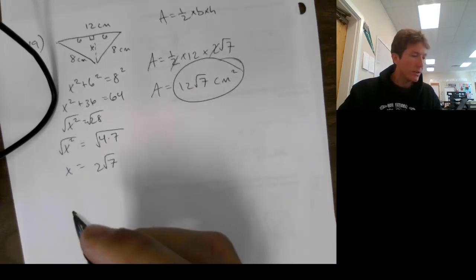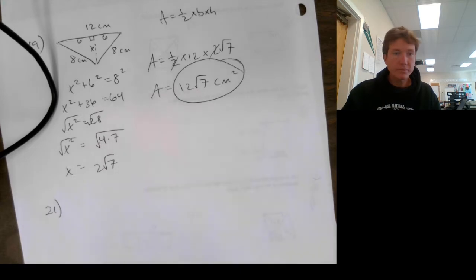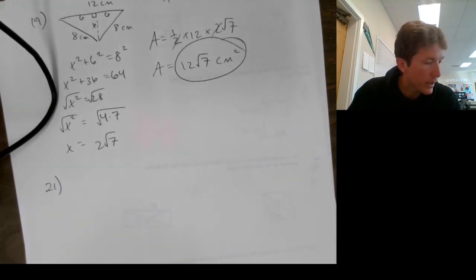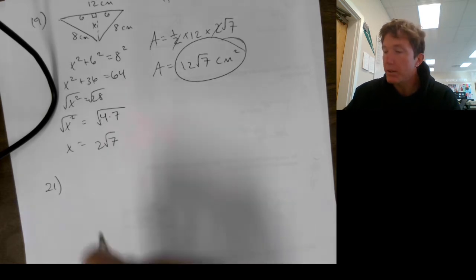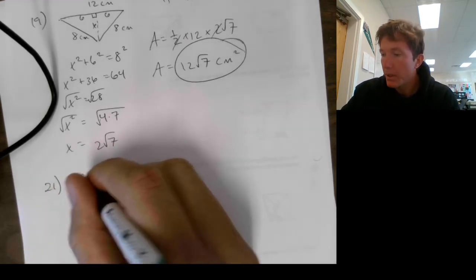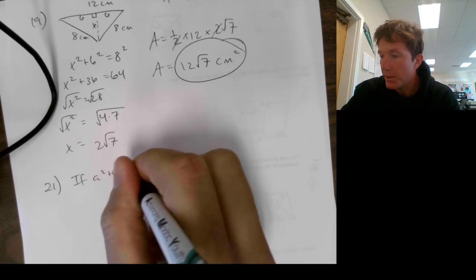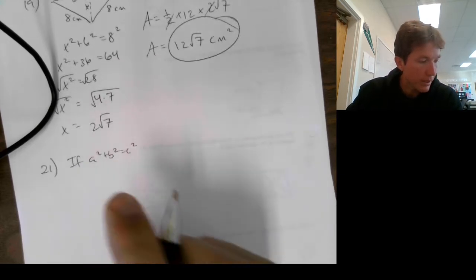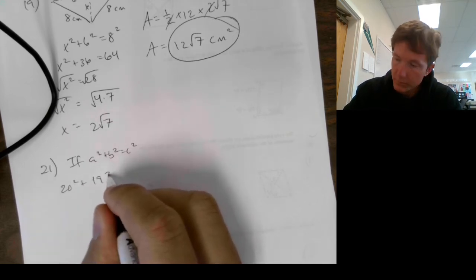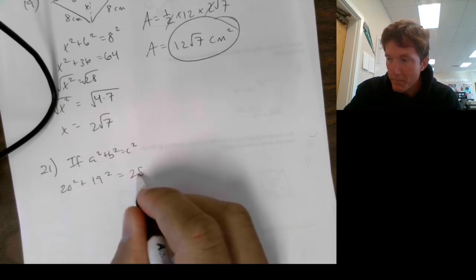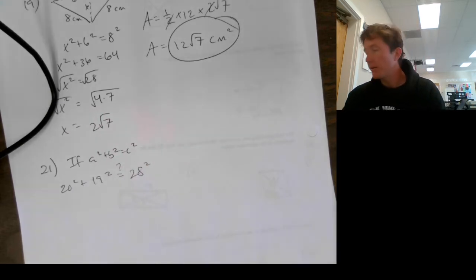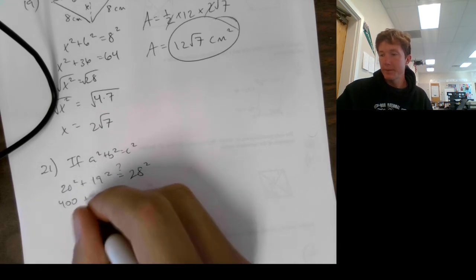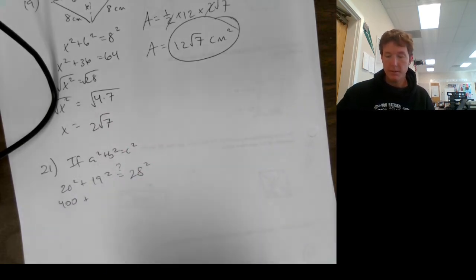And then number 21 I'll do. Is each triangle a right triangle? Explain. Okay, so it's a right triangle if a squared plus b squared equals c squared. And that's the only way. So let's do 20 squared plus 19 squared equals 28 squared. Is this true? 20 squared is 400. 19 squared is 361.